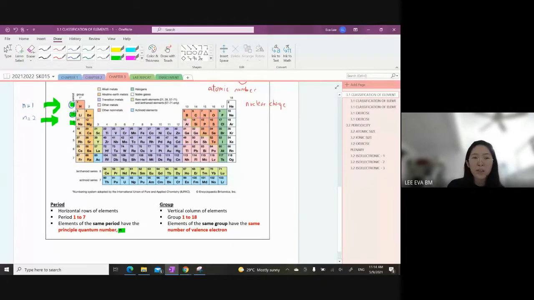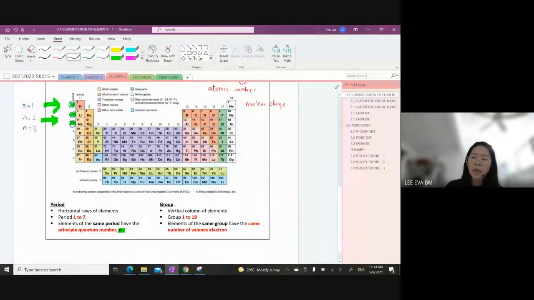If the element is from period 3, your n will be up to n equals 3. You have 3 shells or 3 energy levels. So up until 7 over here, that means you have 7 shells or 7 energy levels. So that is for period.